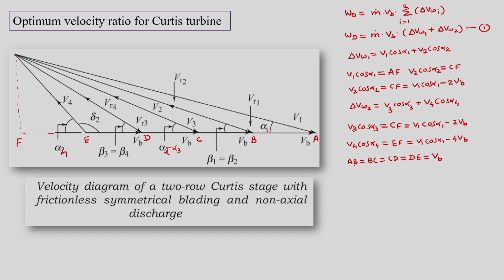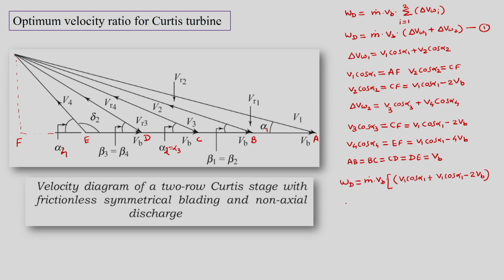Now we can put all these equations into equation number 1, and then we can write work done as m dot into Vb into delta Vw1 plus delta Vw2, which is V1 cos alpha 1 plus V1 cos alpha 1 minus twice Vb.